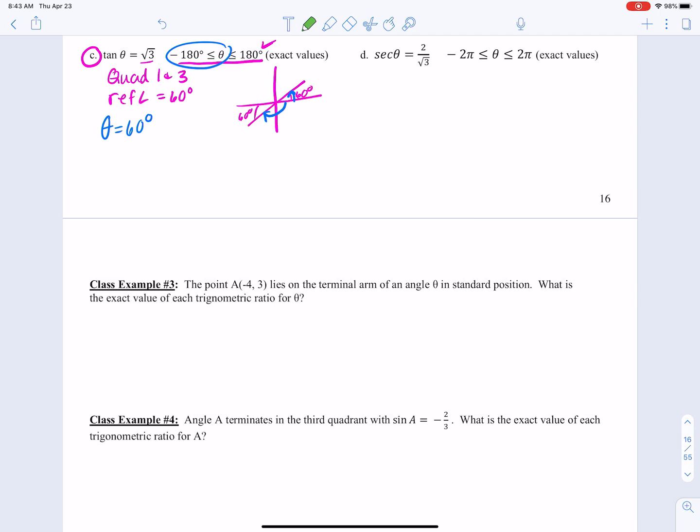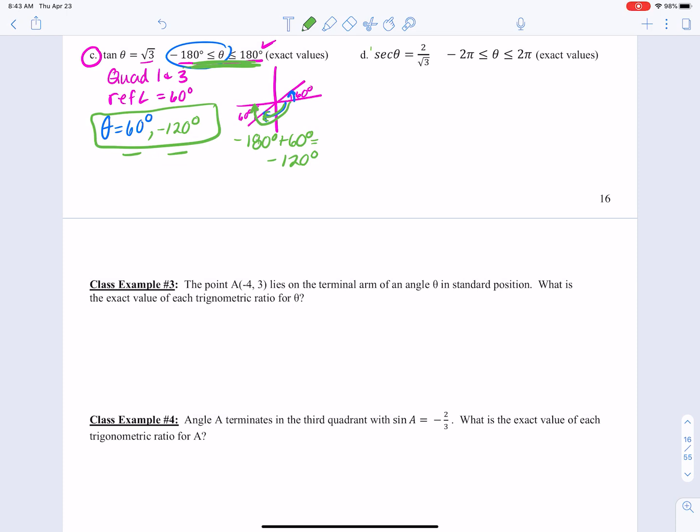So this one here, it would be negative 180 if I went all the way to the x-axis. So I'm going to go negative 180 plus 60, and that will give me negative 120 degrees. So again, that was negative 180, and then I'm backing up, so I'm going to add the reference angle, and that gives me negative 120 degrees. And then I double check at the end to make sure both of these angles fit in this domain, and they do.